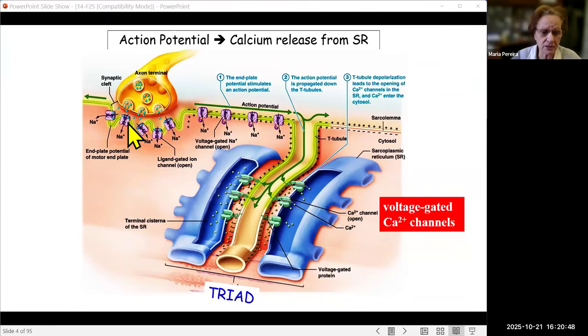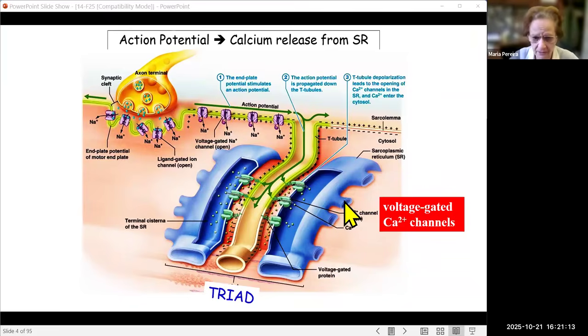So that means that the signal is going to be very, very strong because you have all these acetylcholine receptors located at the end plate to be activated. And this generates a current that is strong enough to be transmitted along the sarcolemma.